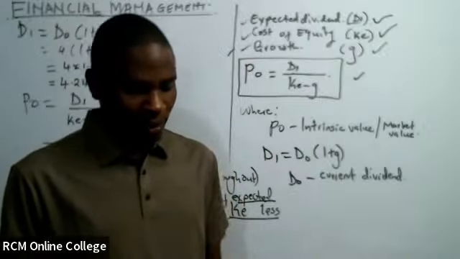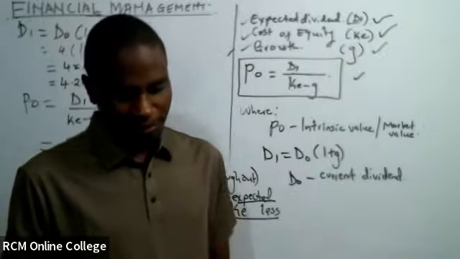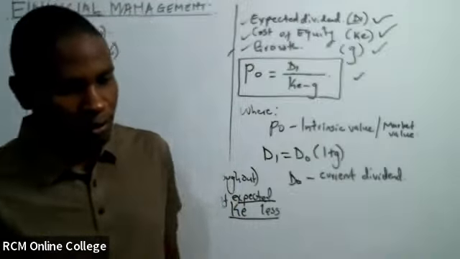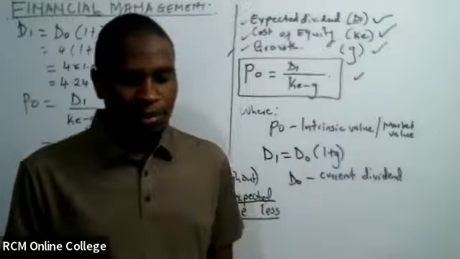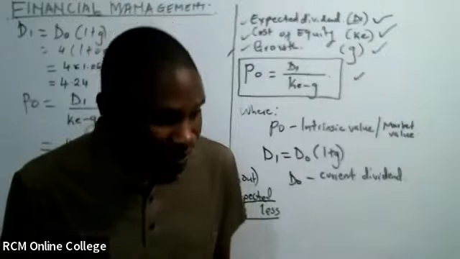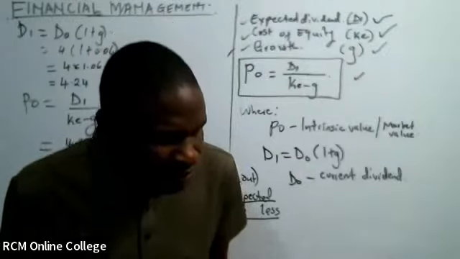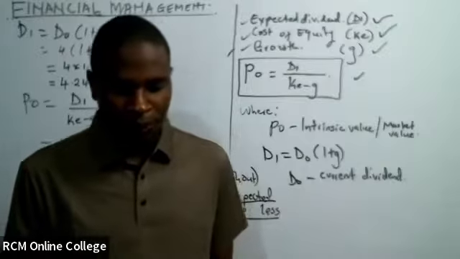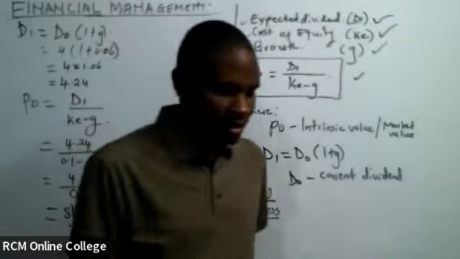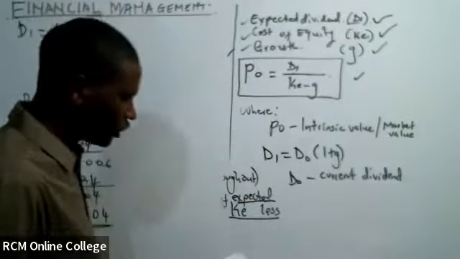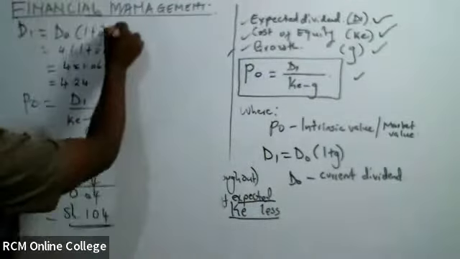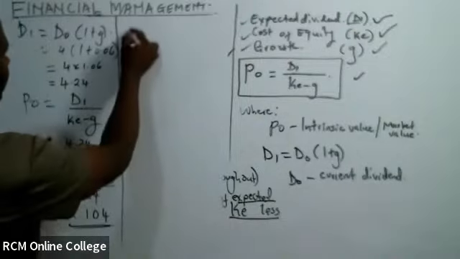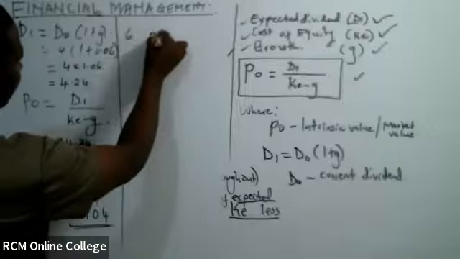Okay. We have another one. Illustration number 2. The expected dividend of Laurentia Limited is 6 shillings per share.